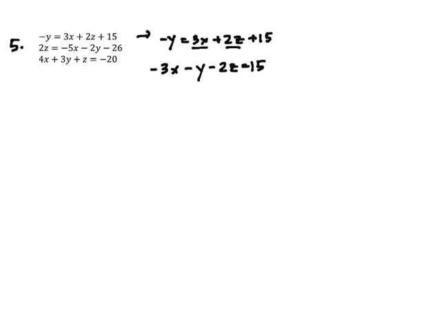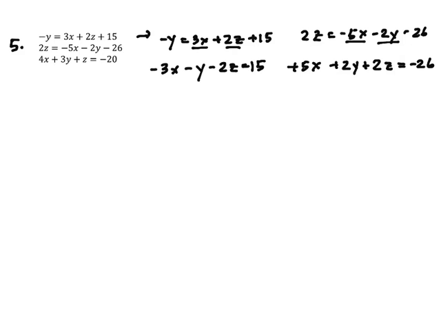My second equation is 2z equals negative 5x minus 2y minus 26. I have a negative 5x and a minus 2y, and so I'm going to move that to the other side. So that becomes a plus 5x plus 2y plus 2z equals negative 26.